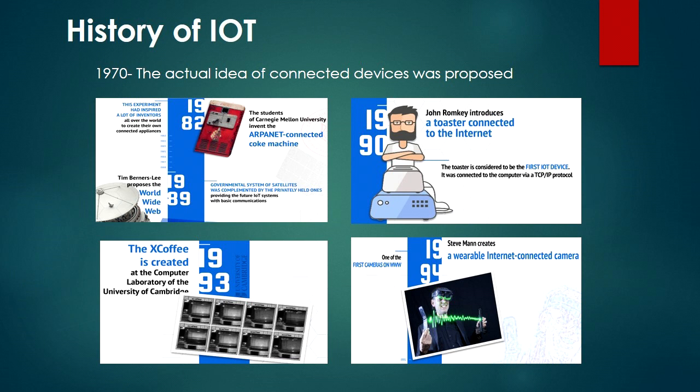The XCoffee was created at the computer laboratory of the University of Cambridge in 1993. In 1994, Steve Mann created a wearable internet connected camera. This is one of the first cameras on the World Wide Web.